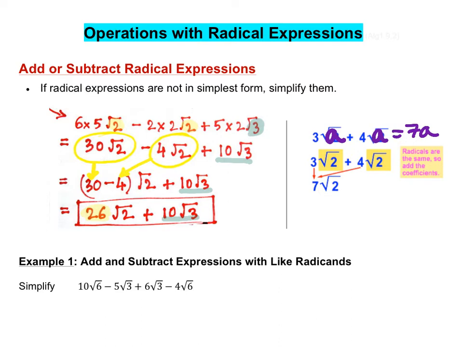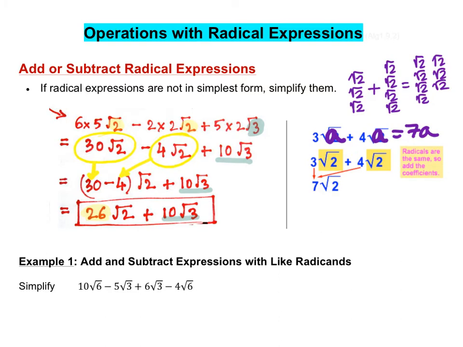In this case, if we substitute in the square root of 2 for the a, then 3 times the square root of 2 plus 4 times the square root of 2 is just going to be 7 times the square root of 2. Another way that we can look at this is having 3 square root of 2 plus 4 square root of 2. What does that equal altogether? Well, altogether we have 7 of them. It's kind of a different way to represent it, but it means the same thing.